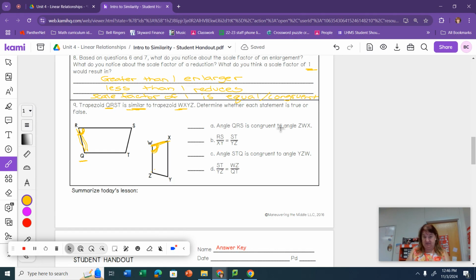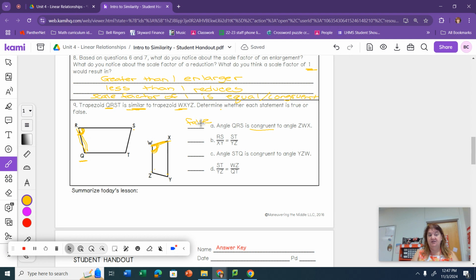That would be false. And why would that be false? Because that would be false because, look, we're not looking at the same angle. We went from Q, it would have to be QRS, and then it would have to be angle WXY. It would have to be this angle. That would be the same. Okay, that would be congruent.